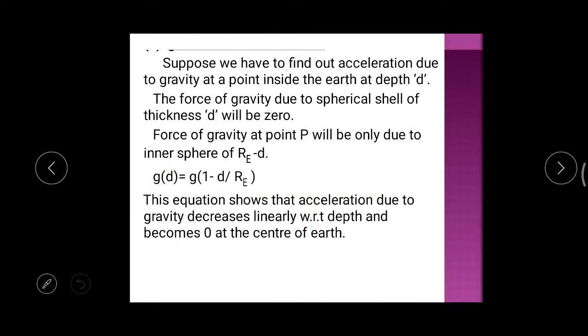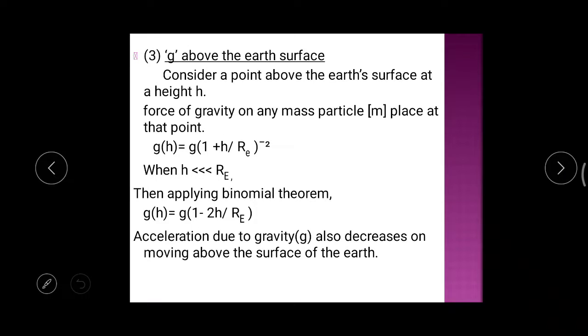Now if you are considering a point above the earth's surface, at a height h, then again initially g will be equal to G M_E divided by R_E square.